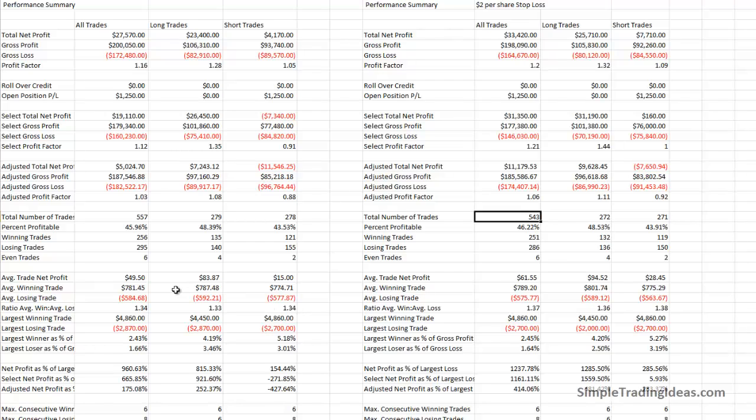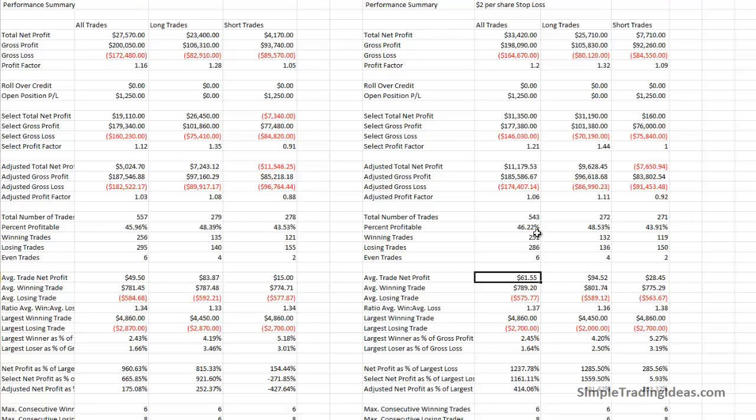Now here's something else that's interesting, the average trade net profit. Okay, 49.5 as opposed to 61.55. So the more net profit we could get per trade in a situation like this, that would be desirable.